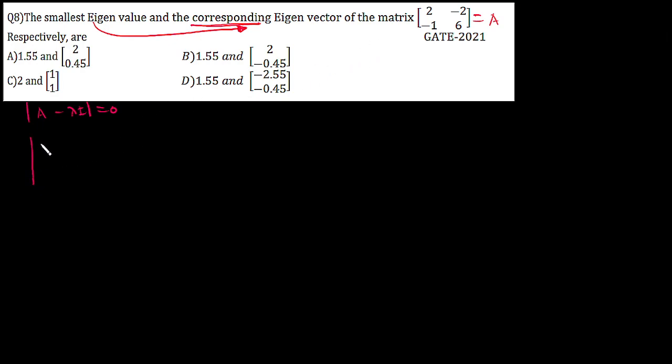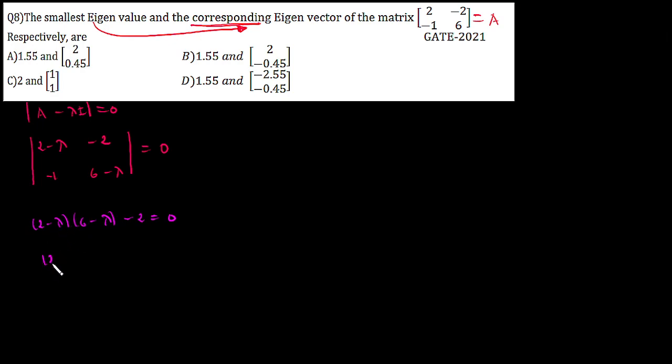So here I can say 2 minus lambda, negative 2, negative 1, 6 minus lambda, and let's equate this determinant to 0. Now find the determinant: here I can say 6 minus lambda, sorry, we have negative 2 here, and we equate it to 0. Now let's do the multiplication of those two brackets.